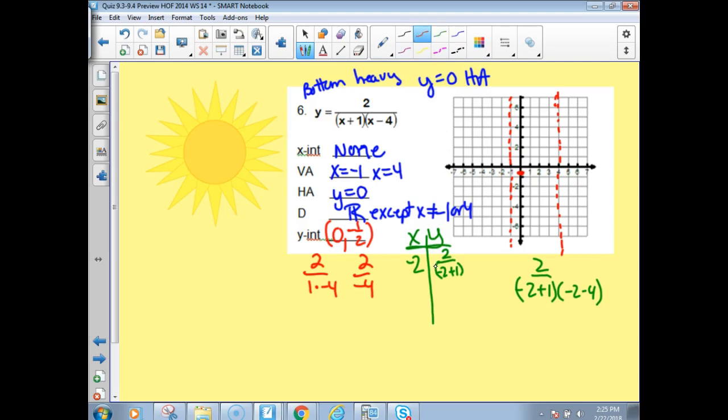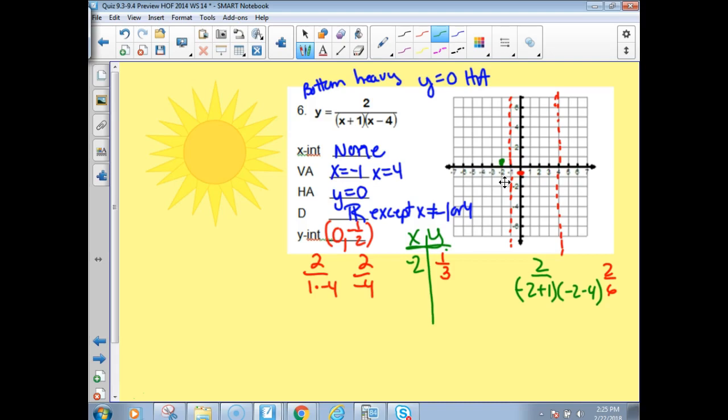All right, I'll just write the answer here. That's going to give me 2 on the top, and that will be -1 times -6, so it's 2/6, which is 1/3. Okay, so -2, 1/3 means I can tell that it's above.